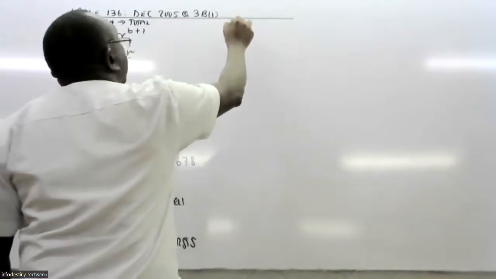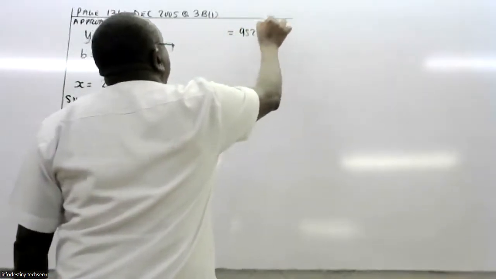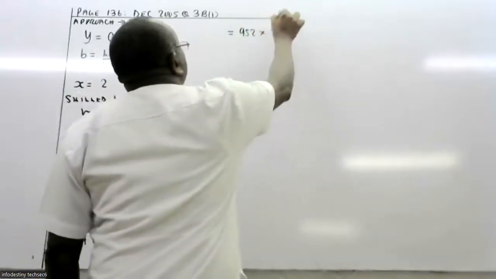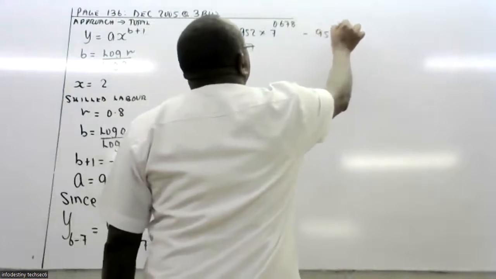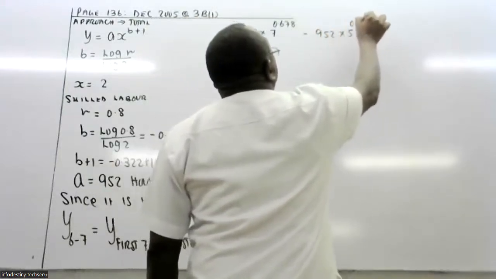A, we already know it is 952. You multiply by 7, which is raised to power b plus 1, 0.678. Then you minus 952 multiplied by 5, which is raised to power 0.678.